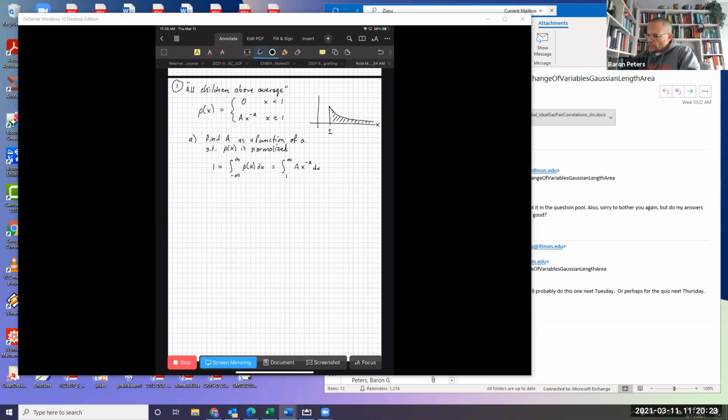Using your standard integration tables, hopefully you remember this one, it is going to be A x to the minus a plus 1 over 1 minus a. I messed that up, sorry everyone.